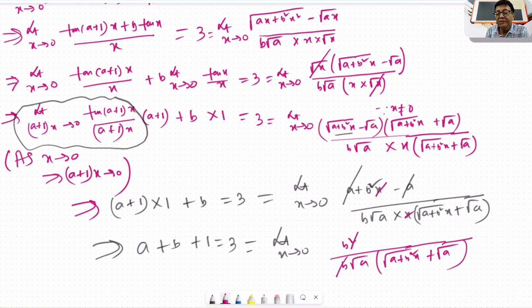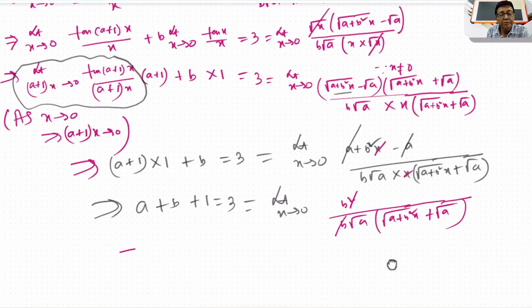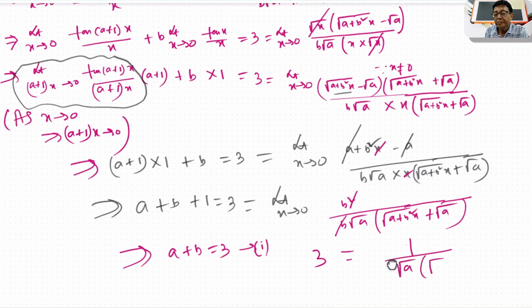These two are getting cancelled. Now nothing is undefined on the right hand side. So this will give you two equations, one, and here that 3 must be equal to 1 by root a.